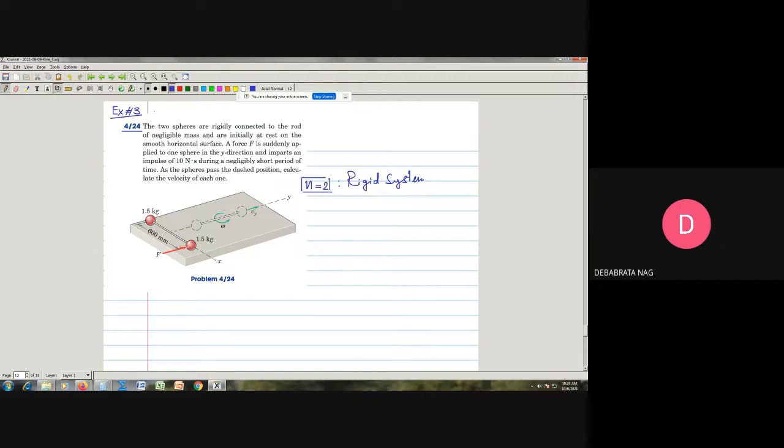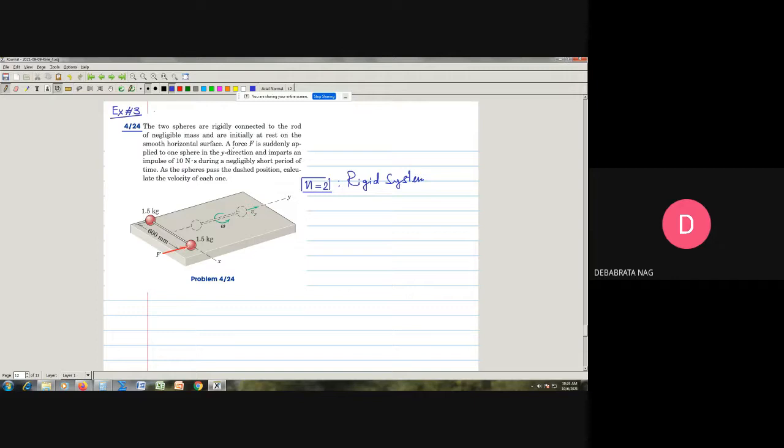So this is again a rigid system consisting of 2 masses. All masses are equal, and the spheres are initially at rest on a smooth horizontal surface. So this is the smooth horizontal surface on which we have placed this system.